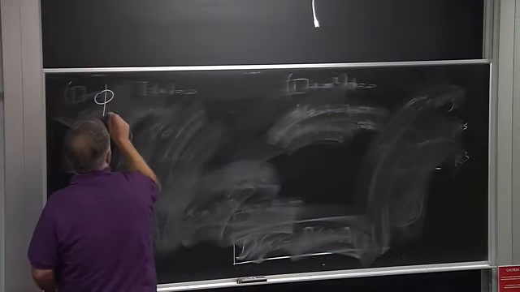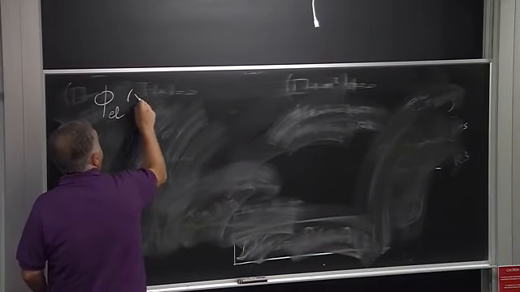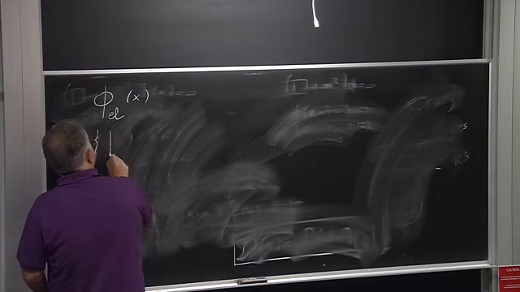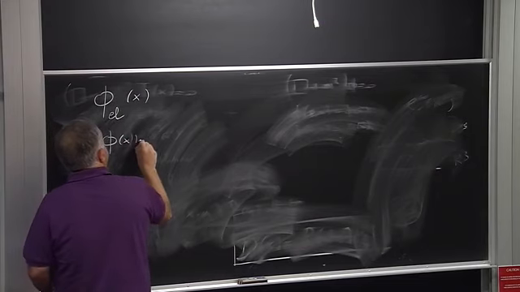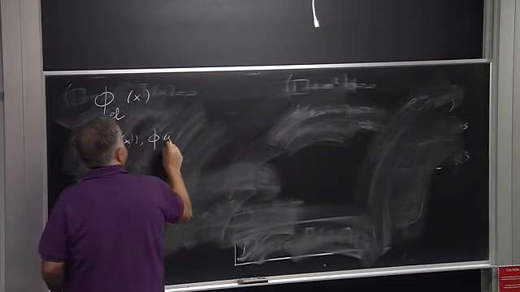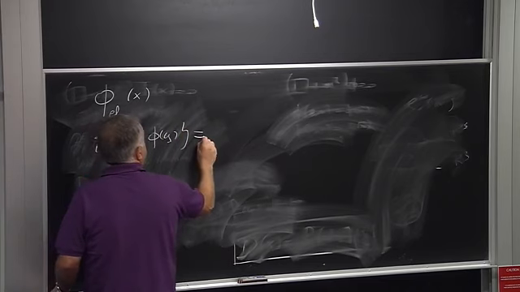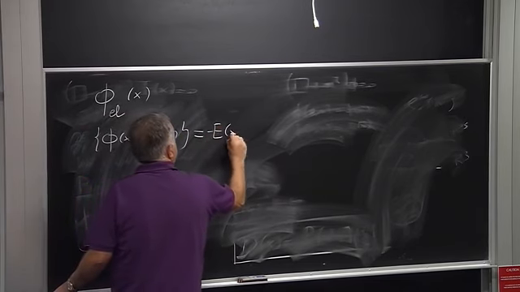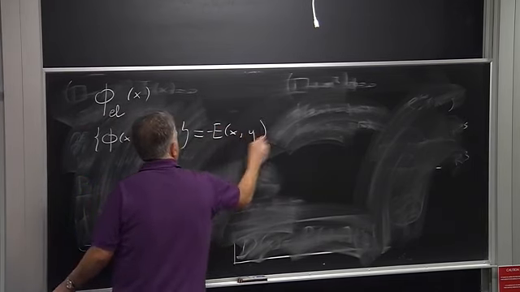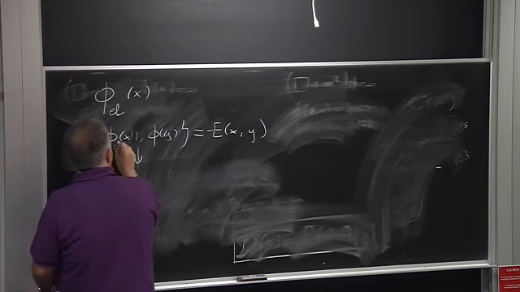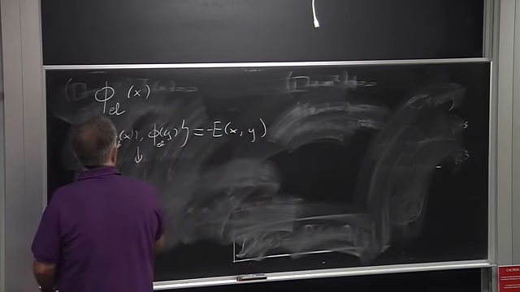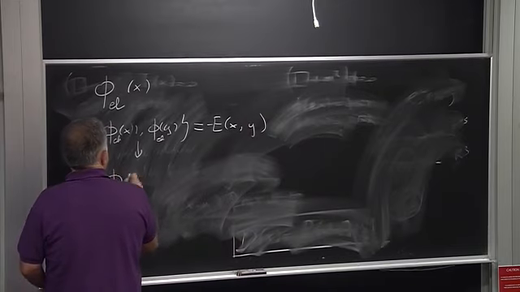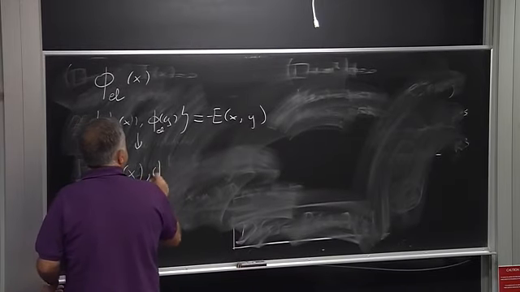So we have a classical field. Let me put here a classical field, which has classical Poisson brackets. And you promote it to a quantum field which has canonical commutation relations.